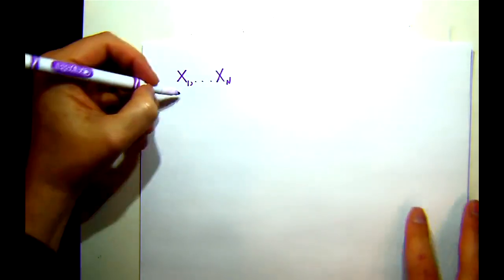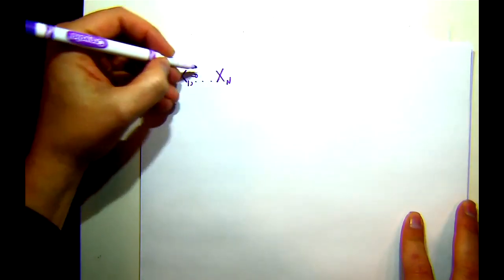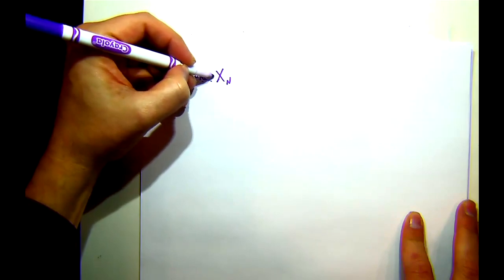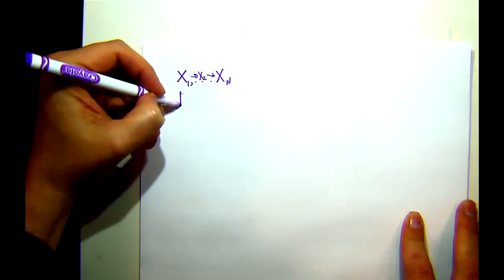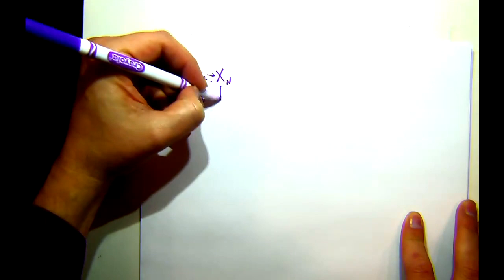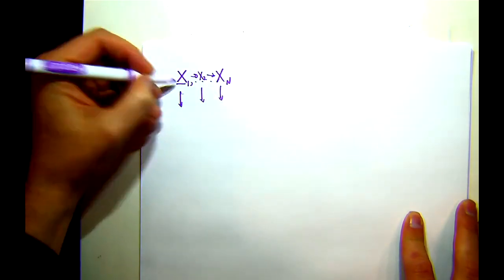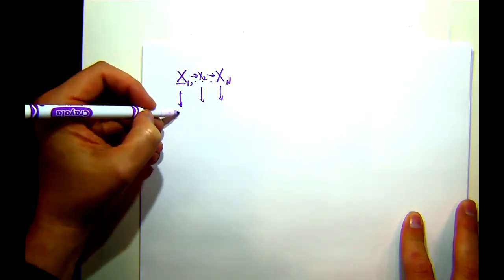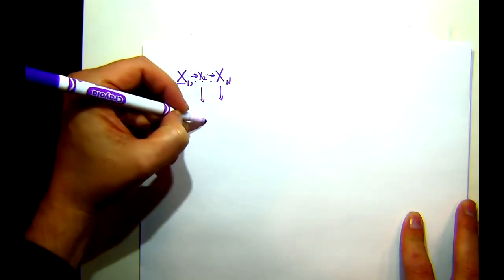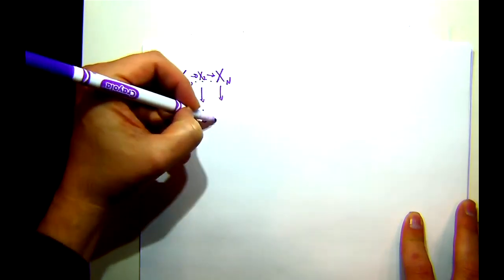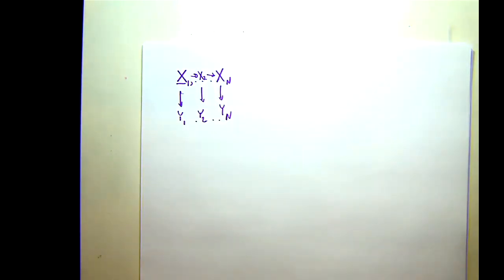You have some x's that are hidden, a sequence of x's that occurred after each other, so it's a chain x1, x2, up to xn. And then each one of these is an emission. Given the state that this x is in, you get a y1, y2, up to yn. So that's the structure of our model.